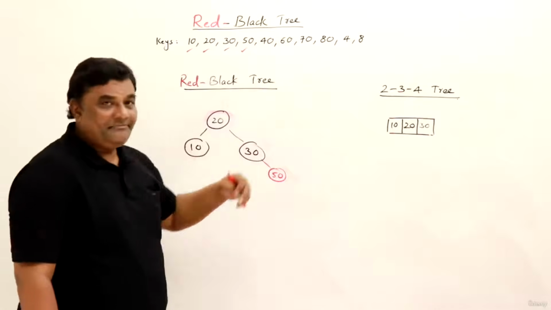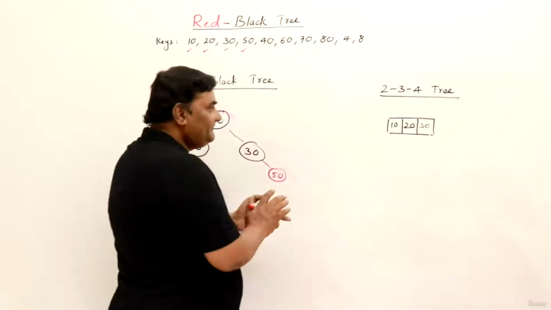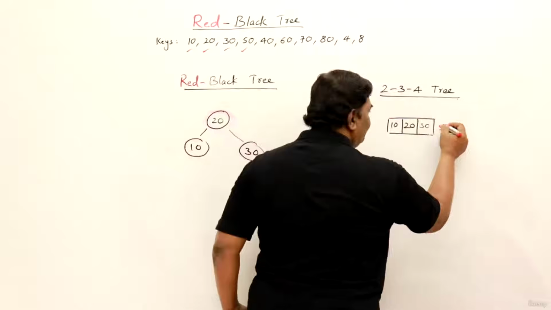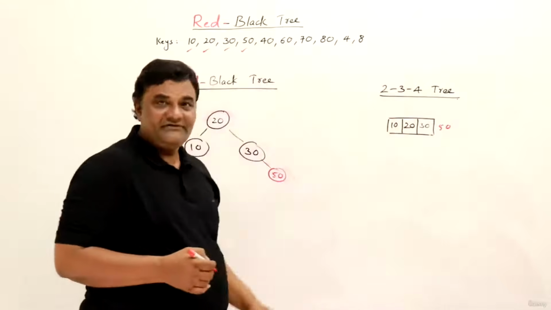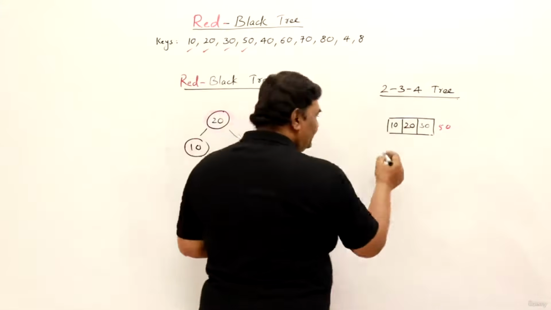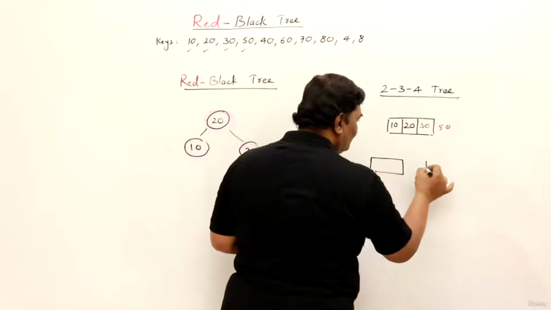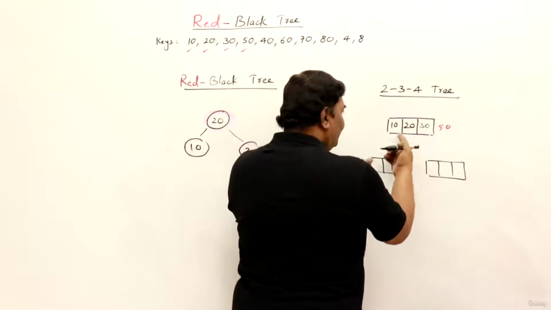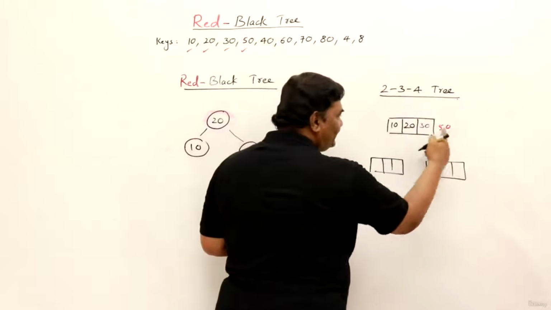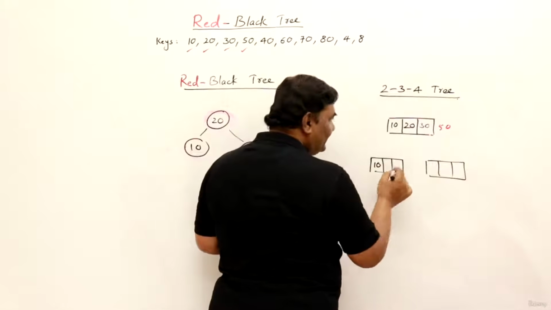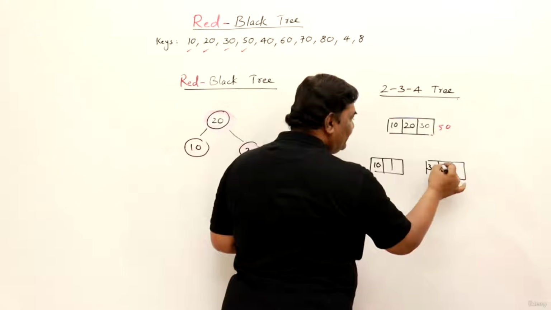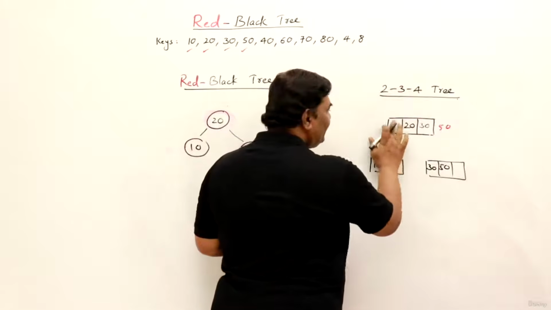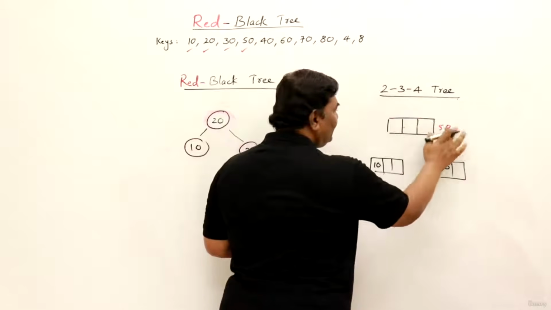Let us see how it happens in the 2 3 4 tree. So when we want to insert 50, there is no space for 50. Then what do we do? We split this node. Out of these 4, 10 will be on this side, then 30, 50 will be on that side, and the parent will contain just 20.